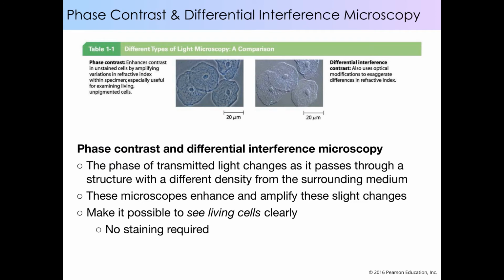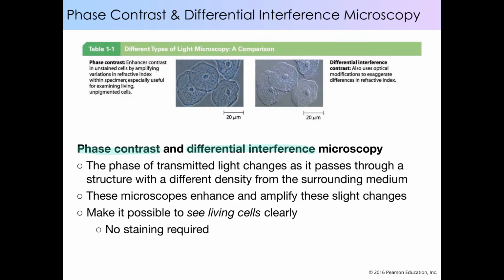If we need to visualize live cells, there are certain types of specialized light microscopes that can allow us to do that. The phase contrast and the differential interference microscopes take advantage of the fact that when light passes through a specimen, different parts of the specimen will refract or bend the light in different ways.